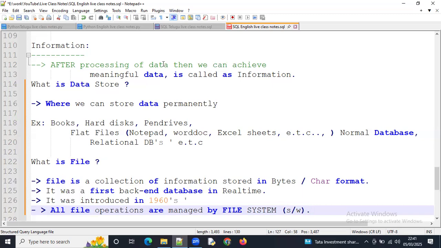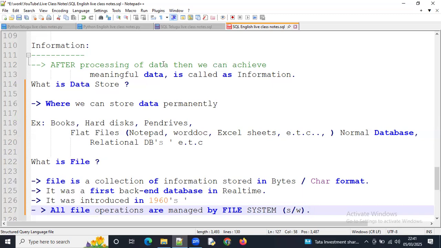Example, 2 into 2. Here the twos are data and processing is multiplication, and the output we get by multiplying 2 with another 2 is called information.